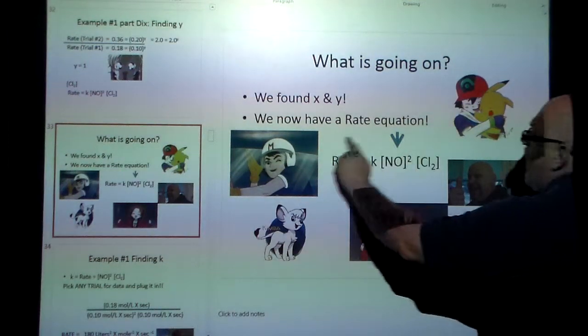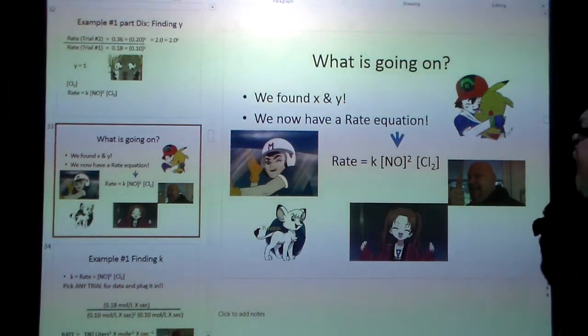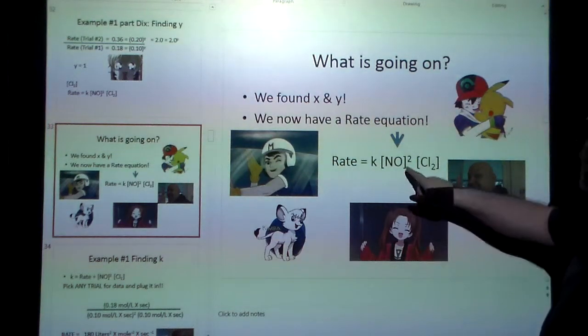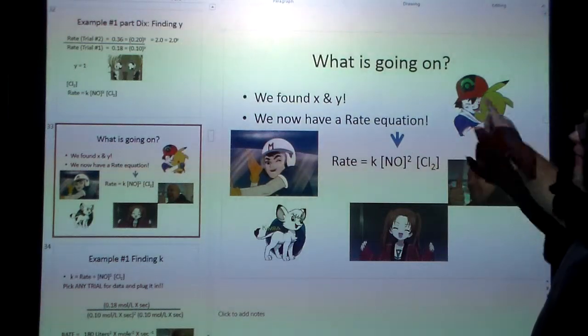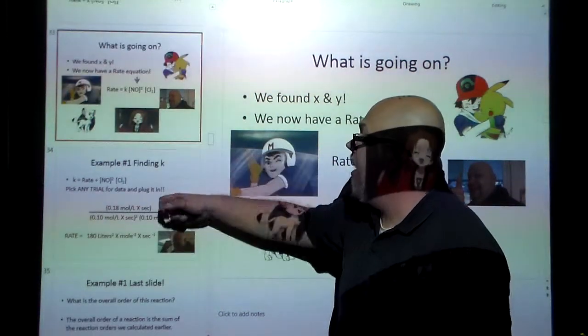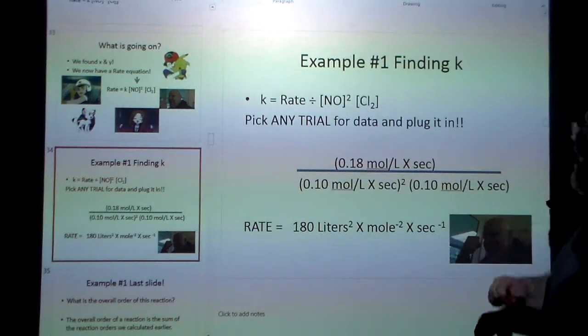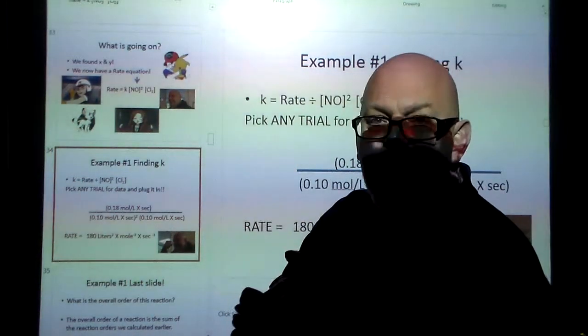We now have the rate equation. We can now figure out our proportionality constant. We have our NO from the first thing and our Cl2 from the second thing. So now, as we're wrapping up, we're going to find k. The reason we can find k is because we have the rates.